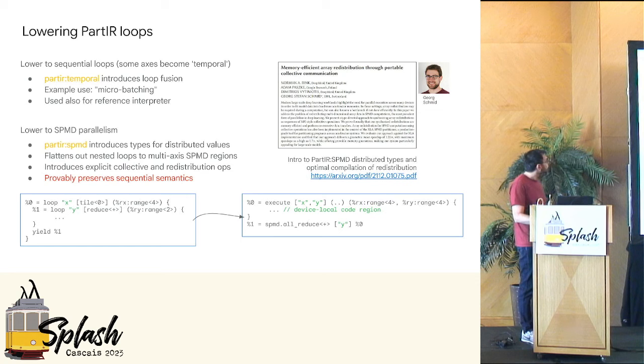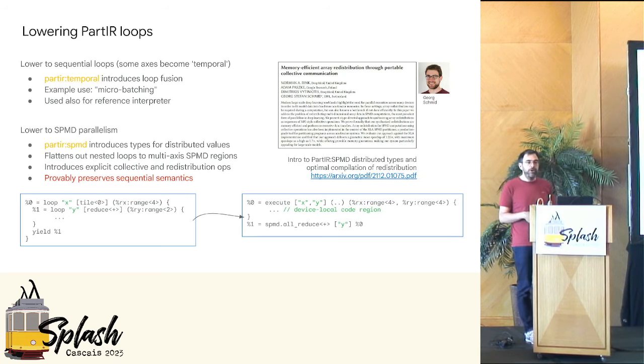So how do we lower these loops? As I said, these loops could be lowered temporarily. In fact, they are lowered temporarily in the reference implementation, but they're lowered mainly to SPMD parallelism, single program multiple data parallelism. So we introduced a separate dialect for that, a separate IR, slightly lower level, where you take one of these nested loops, loop over axis X and loop over axis Y, and you flatten the nested parallelism out into flat parallelism over both axes, and inside the region the code tells you what to do per device.